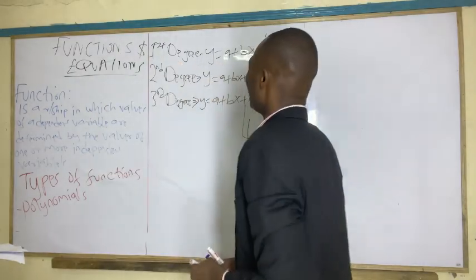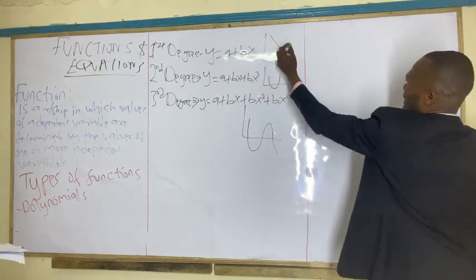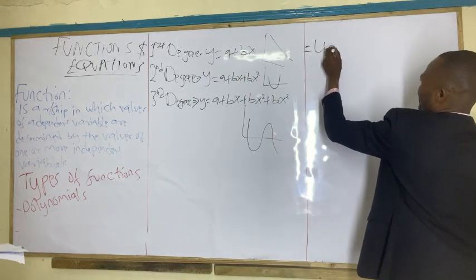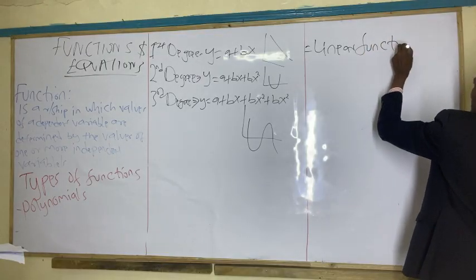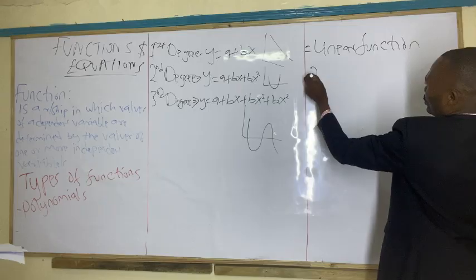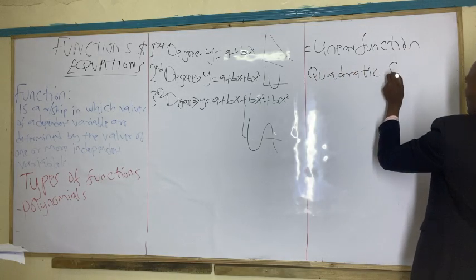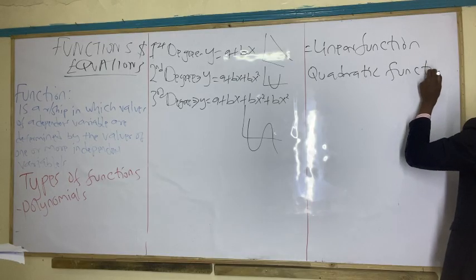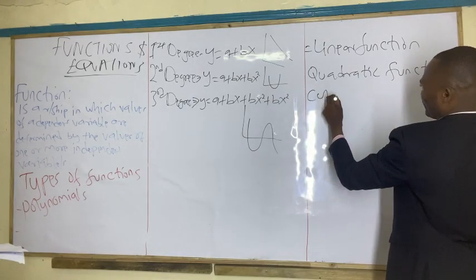I hope we are clear. So we've said the first degree is a plus bx. This first degree is what we call a linear function. Second degree, this is what we call a quadratic function. And then the third degree is what we call a cubic function.